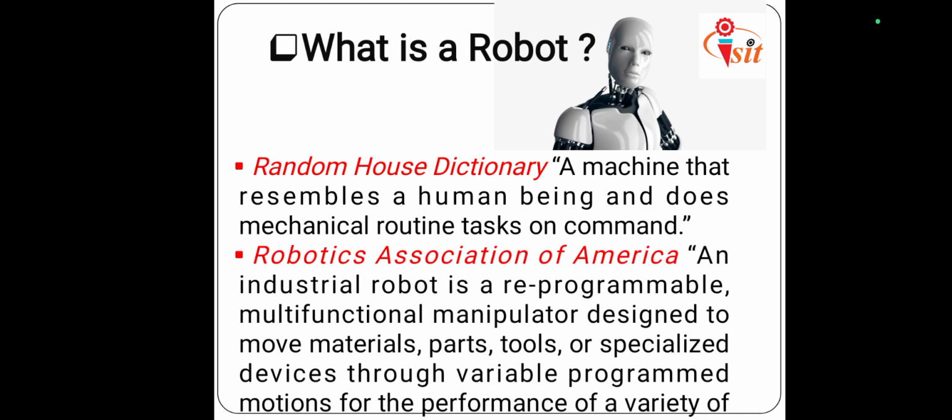As per the Robotic Industries Association of America, an industrial robot is a reprogrammable, multifunctional manipulator designed to move materials, parts, tools, or specialized devices through variable programmed motion for the performance of a variety of tasks. If you break down this definition in 3 to 4 parts, first, it is a reprogrammable multifunctional manipulator. Reprogrammable means you can use robots for many applications.